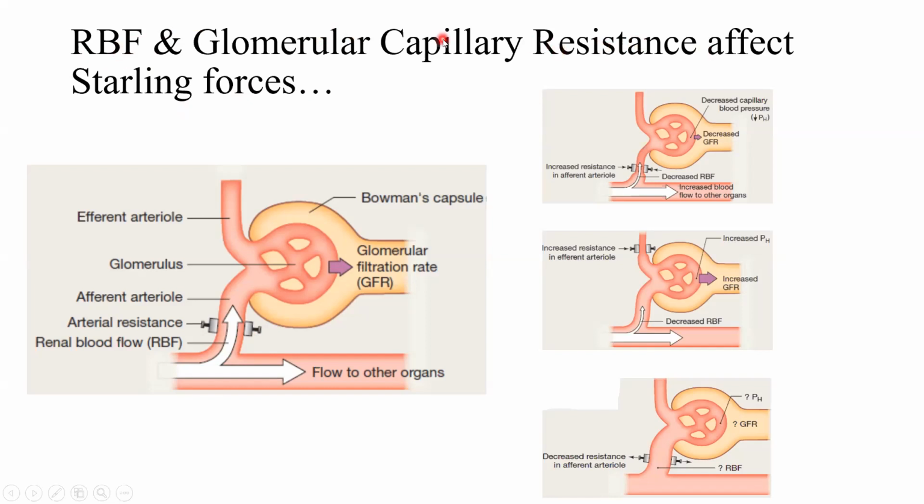So it's the collective or individual resistance of afferent arteriole and efferent arteriole which will determine renal blood flow, i.e., what amount of blood is coming into the glomerulus, and this in turn will affect Starling forces. So it's the resistance of the capillary network affecting renal blood flow, which affects Starling forces, which are forming GFR. It's in this sequence if you really want to study it as a linked process.